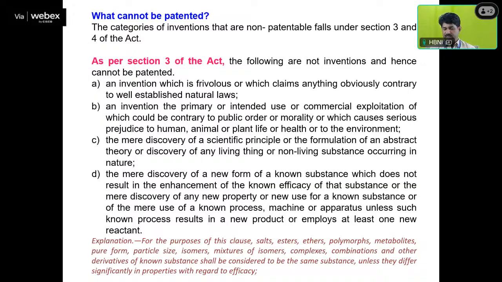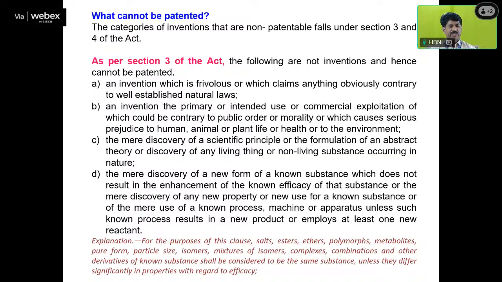Similarly, if somebody claims a perpetual machine that can run forever without any energy for its whole lifetime, that is not possible. For anything to run, we need some form of energy. If some machine claims otherwise, it will not be granted a patent.